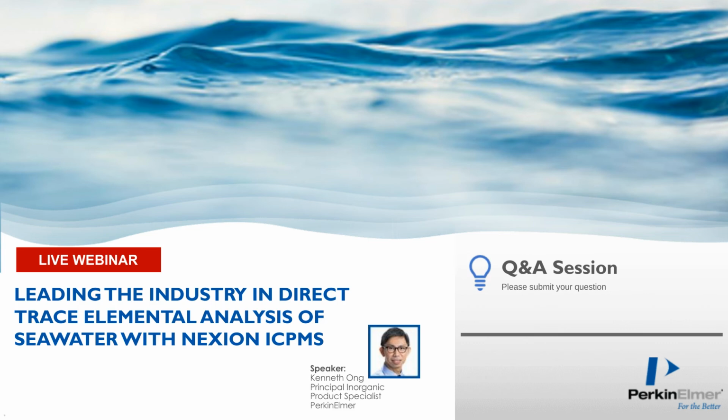We did mention that with the multi-quadrupole systems, or the ICP-MS/MS, you have better control of reactions, and that certainly would be an added advantage of an ICP-MS using a reaction cell. So I probably want to stop here. It's a very long question to be answered. So I will probably get in touch with these customers to discuss further.